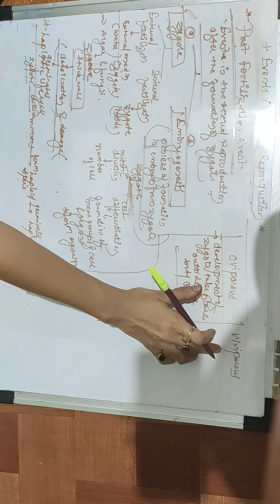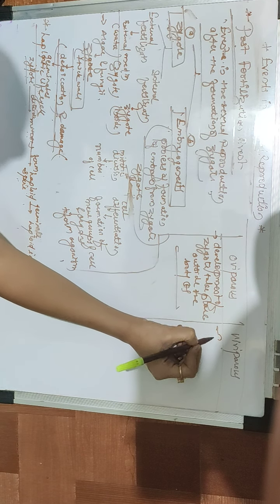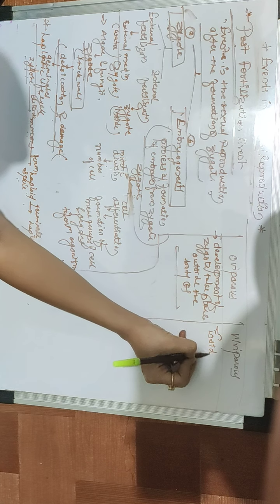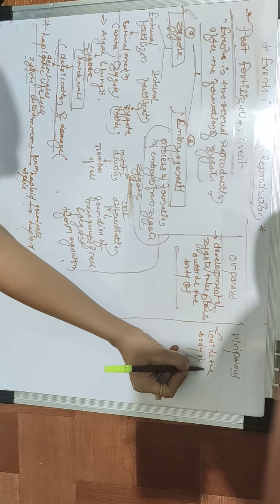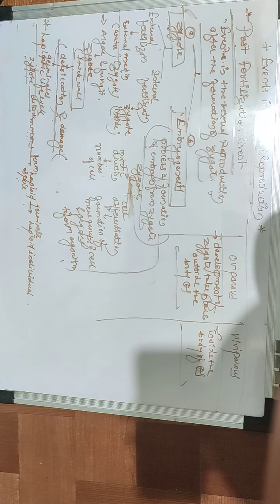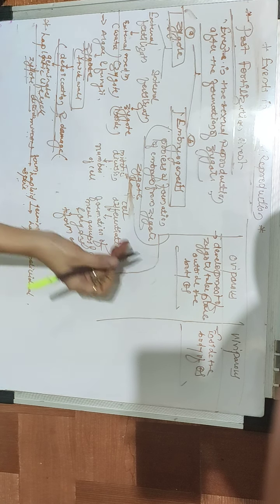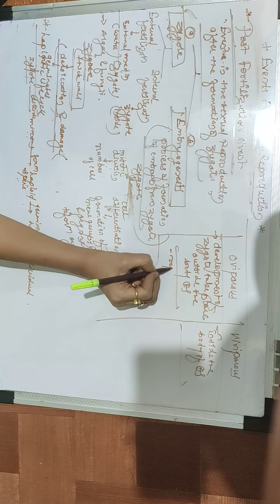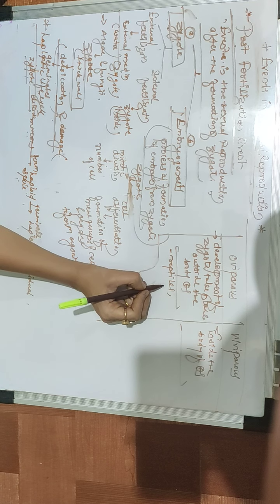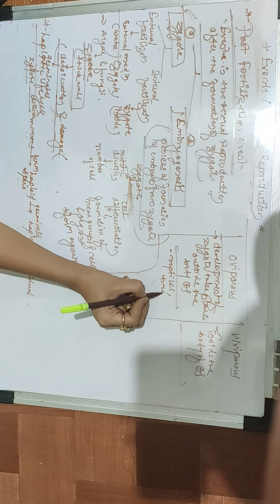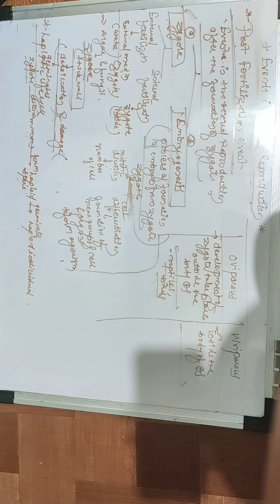And when the development of the zygote takes place inside the body of the organism, it is known as viviparous. In oviparous animals, for example reptiles, and not only reptiles, birds also come under oviparous animals.